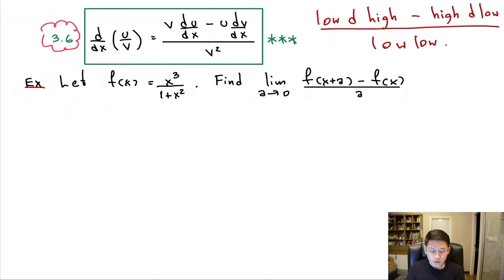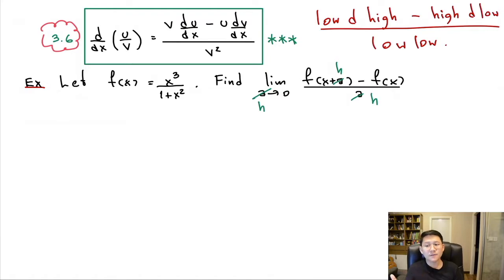So here f(x) is x cubed divided by 1 plus x squared. So they ask us to compute the limit of f(x plus a) minus f(x), divided by a, when a approaches 0. So guys, it's a, isn't it? So can I change a to h?